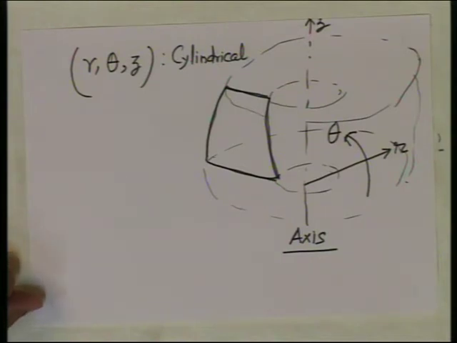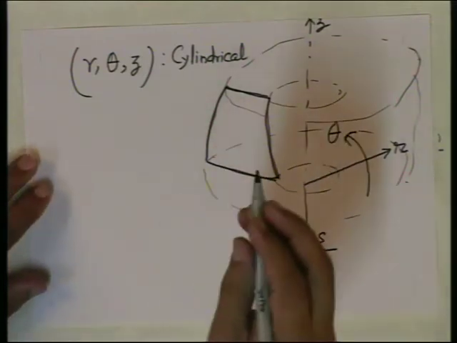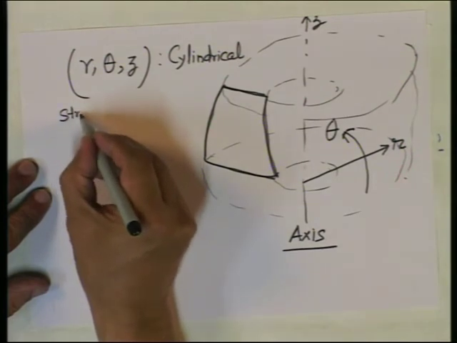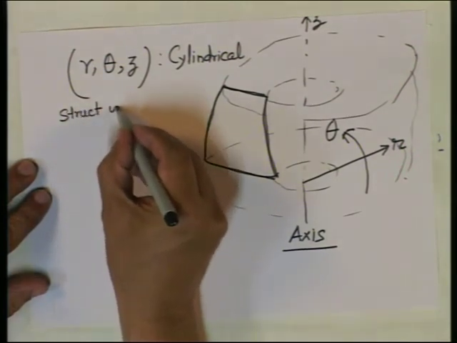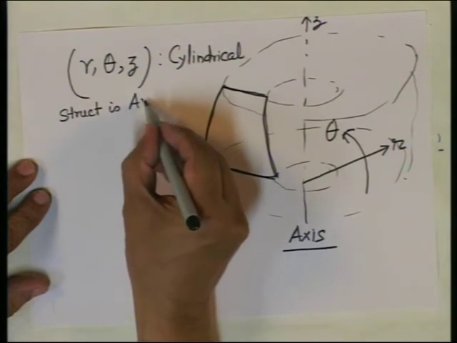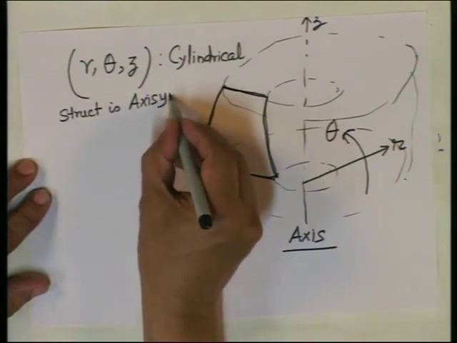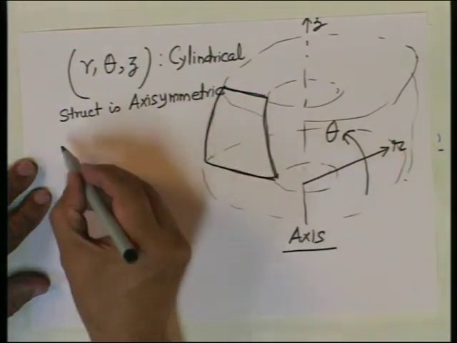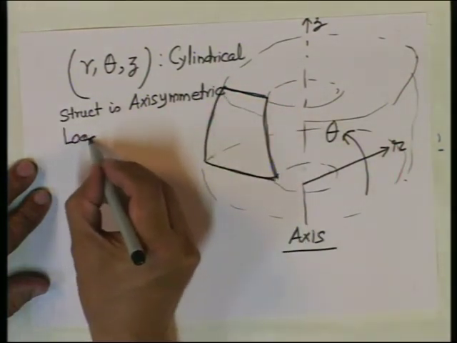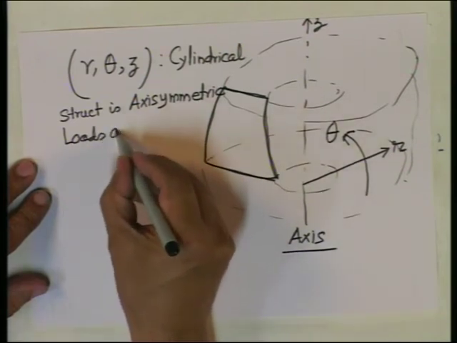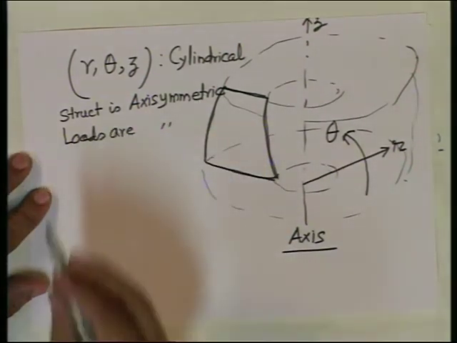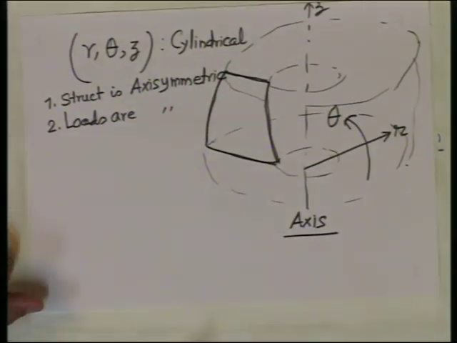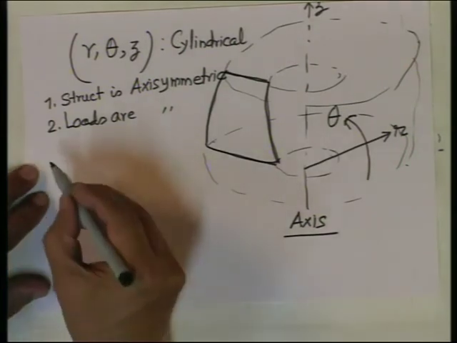If the structure is axisymmetric and the loads are also axisymmetric, that means two conditions should exist: the structure as well as the loads are axisymmetric.